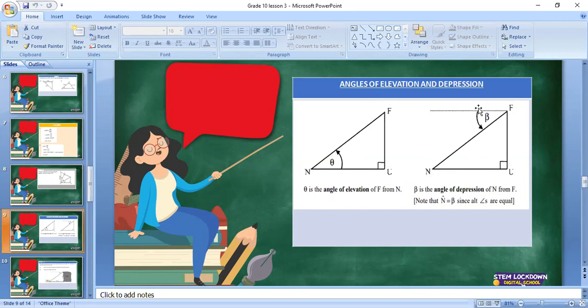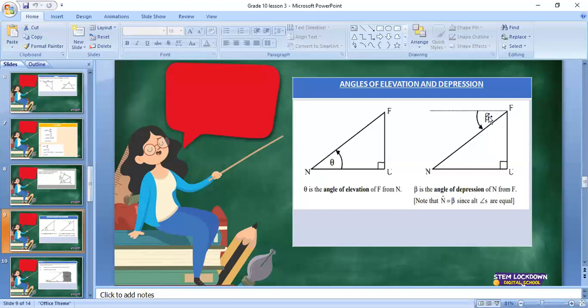But to see your friend on the ground, you need to depress, you need to put your head down, to look downwards. So the angle between this horizontal plane and this line of sight, we call it the angle of depression. Okay, that's the angle of elevation and depression.